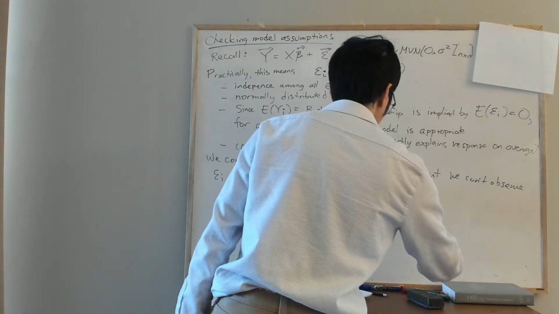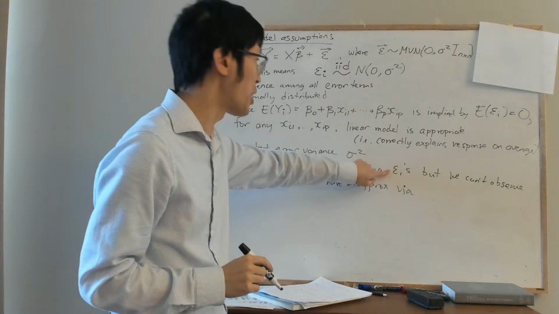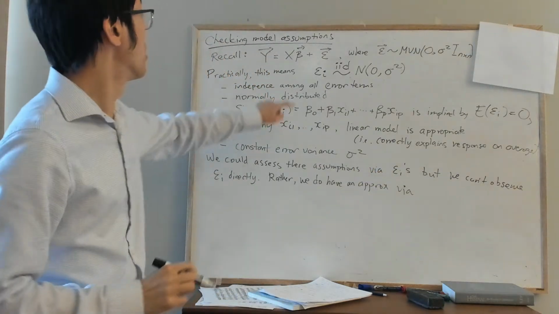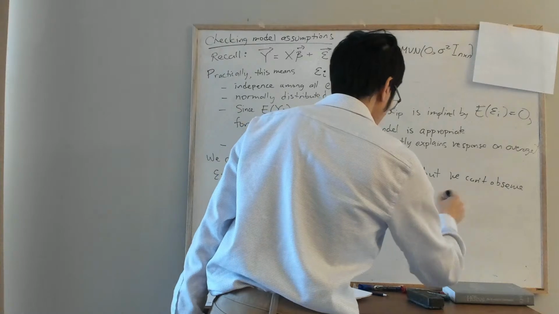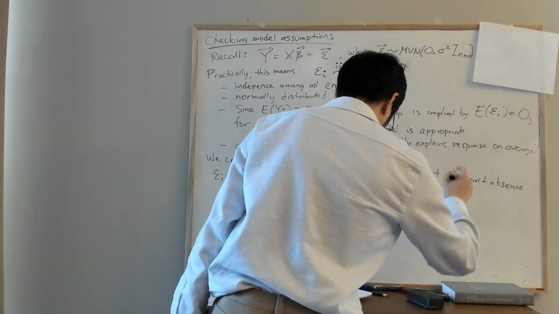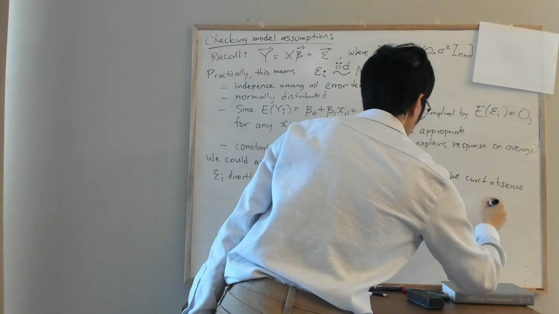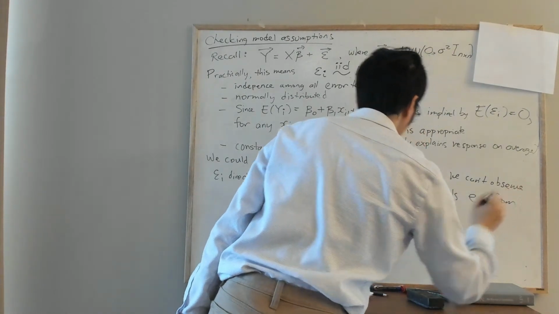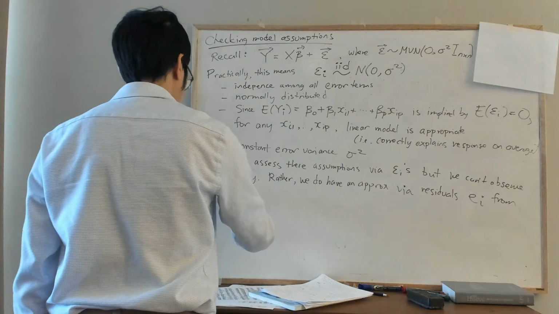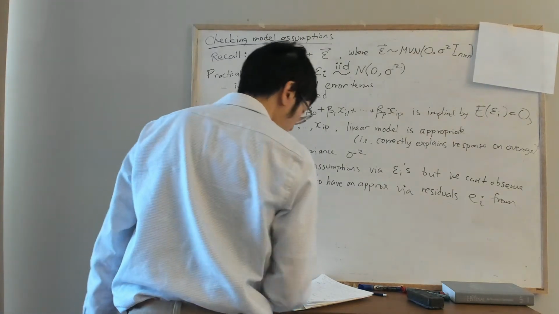That's why we have a different notation for the residuals. Here I use epsilon for these error terms, but we use e sub i for the residuals, from the fitted model, which we can calculate.